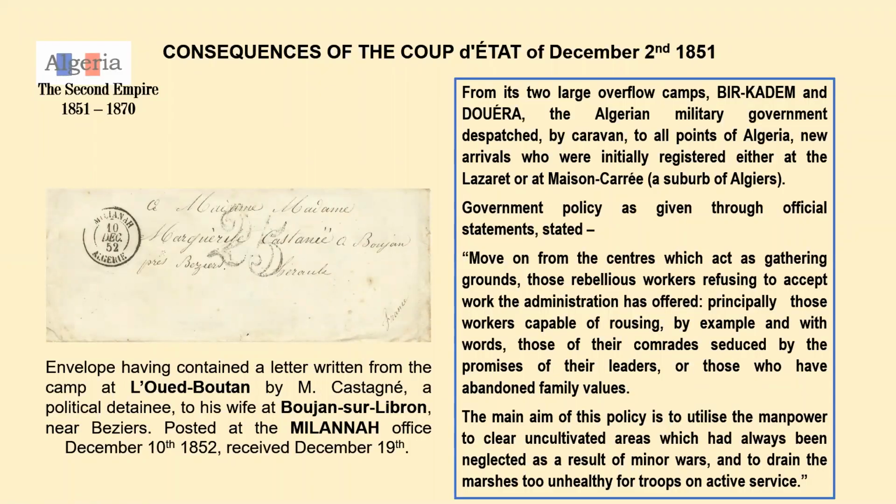Consequences of the coup d'etat of December 2nd, 1851. This was orchestrated by Napoleon Bonaparte, who was the nephew of Napoleon I, and he was at the time president of the Republic, and he orchestrated a coup d'etat which had him proclaimed as Emperor Napoleon III.